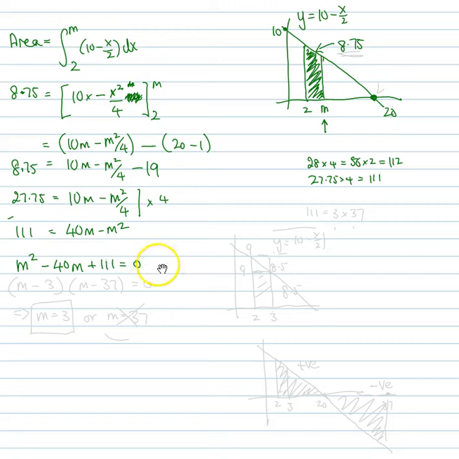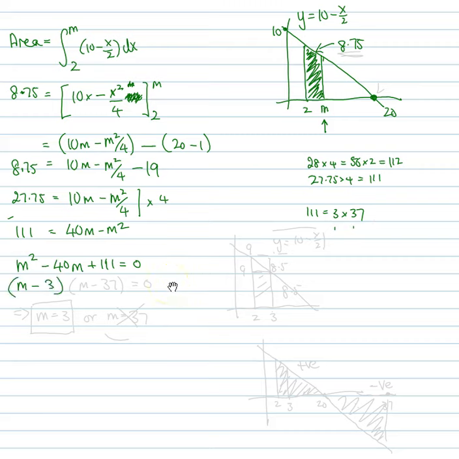Now we have to solve that quadratic equation. It's pretty easy to do with the calculator, but pretty easy to do even without. Does 111 have any factors? Just by looking at it, I can see that the digits add up to 3, and any number where the digits add up to 3, 6, or 9 is divisible by 3. So 111 equals 3 times 37, which is nice because 3 and 37 add up to 40, so we're on the right track.